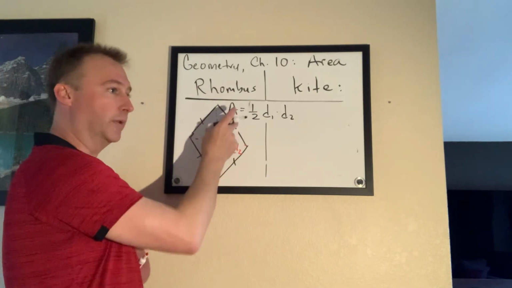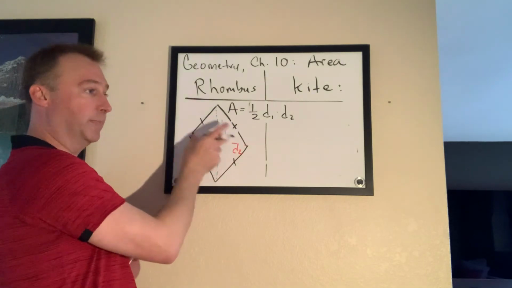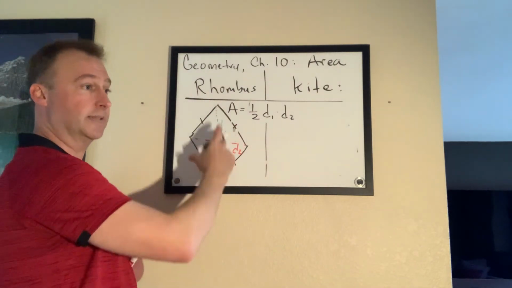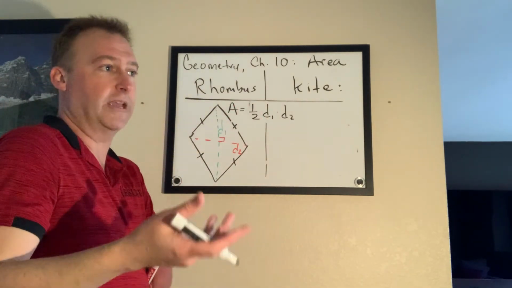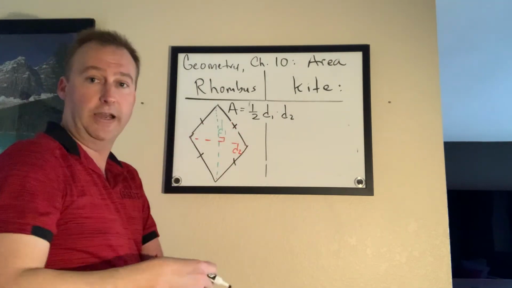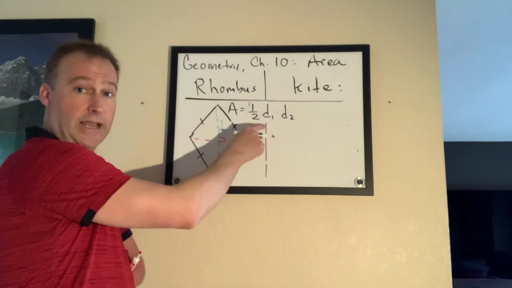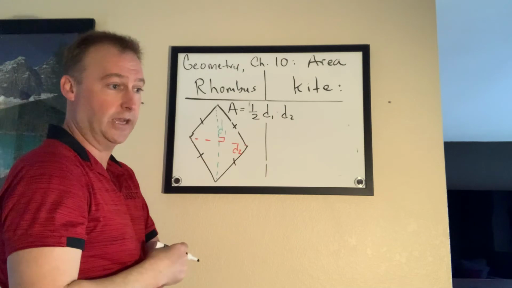If you did all 4 of those together, you have a diagonal as the base and the other diagonal as the height. So it's basically taking the area of 4 triangles, simplifying all that expression, and you come out with 1/2 diagonal 1 times diagonal 2, 1/2 D1 D2.